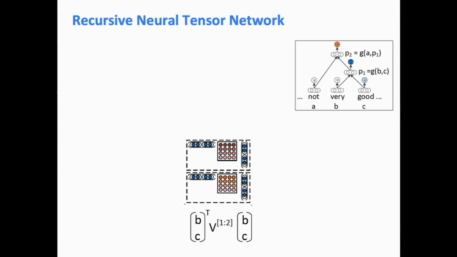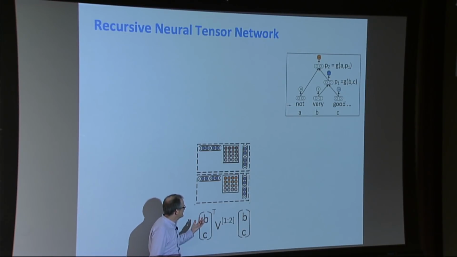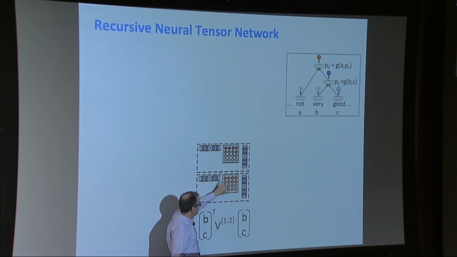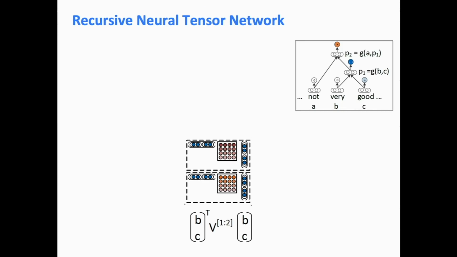But in general, we have a tensor with the extra dimension of the size of our word vector. And so therefore, we'll get a phrase vector out from the composition that's the same size as the input vectors and will allow them to interact with each other in working out the meaning of the entire thing.